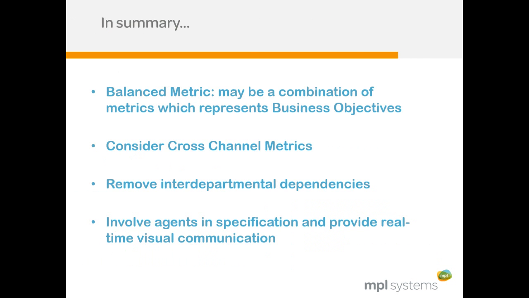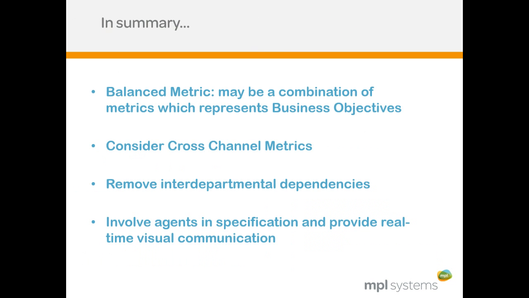I need to speed up and just quickly, in summary, say that we've talked about this balance metric. Do think about it and believe in it. Don't treat your contact center in isolation. Make sure that your metrics are supporting that end business objective. Don't forget about cross-channel metrics, especially if you're planning a new strategy for the future.